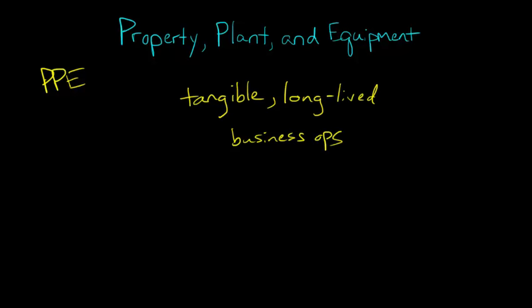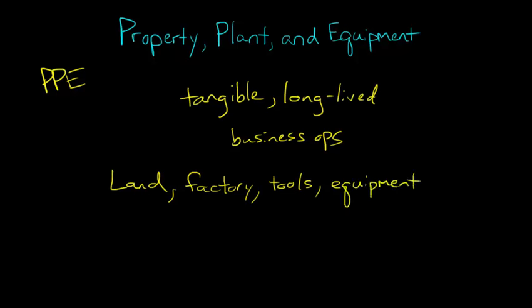This could be land that the factory building is sitting on, the factory itself, tools. It could be resources, equipment, machines, all these things that are used to produce the products in the normal business operations of the firm.